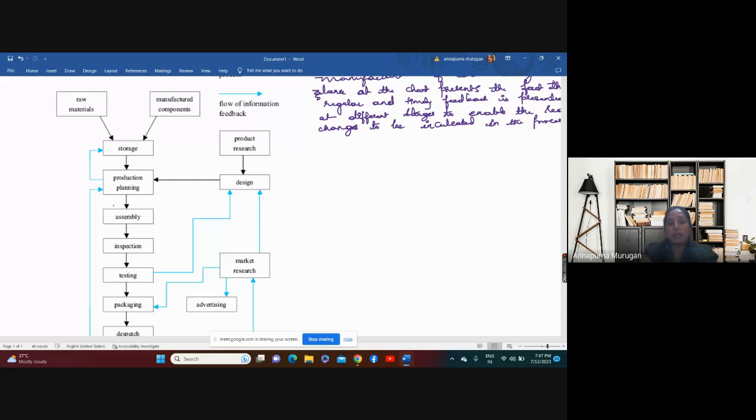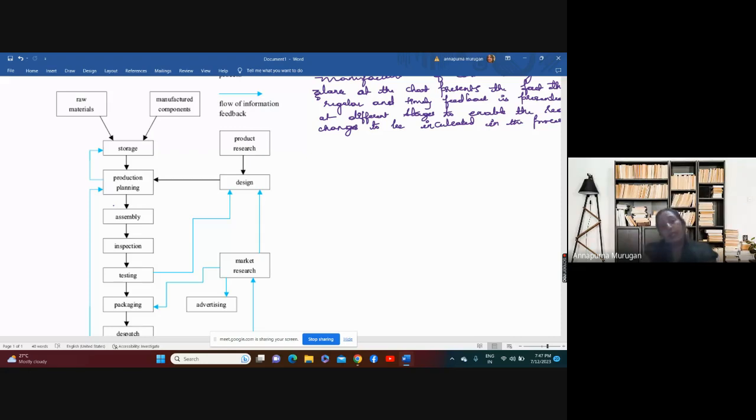After production planning, assembling takes place. After assembling, inspection of the manufactured goods takes place. Then testing, packaging, dispatching, and sales will happen. So these black lines are our manufacturing process. So now what we can write, I can start off like this.